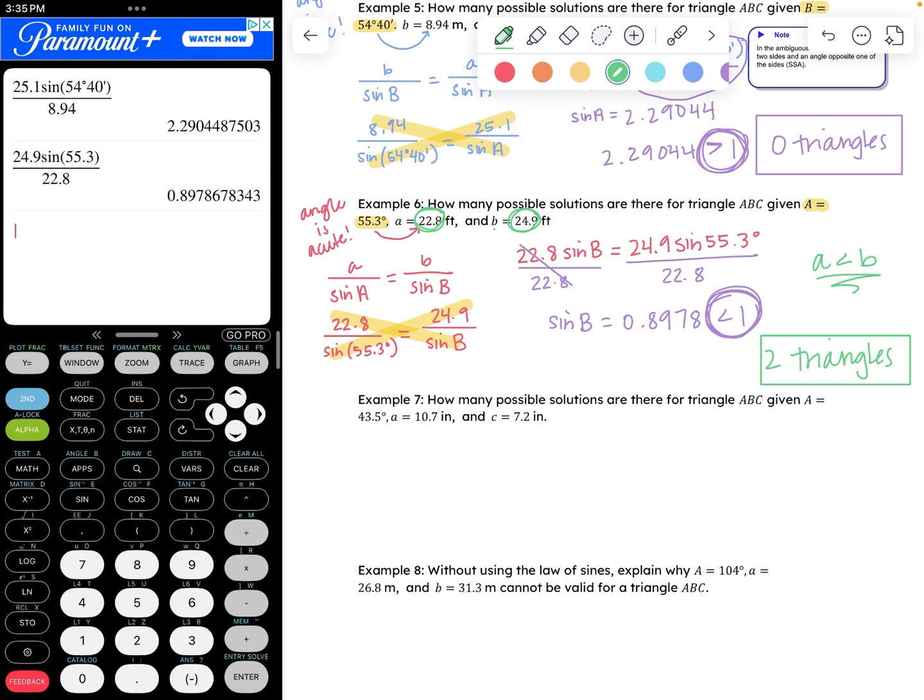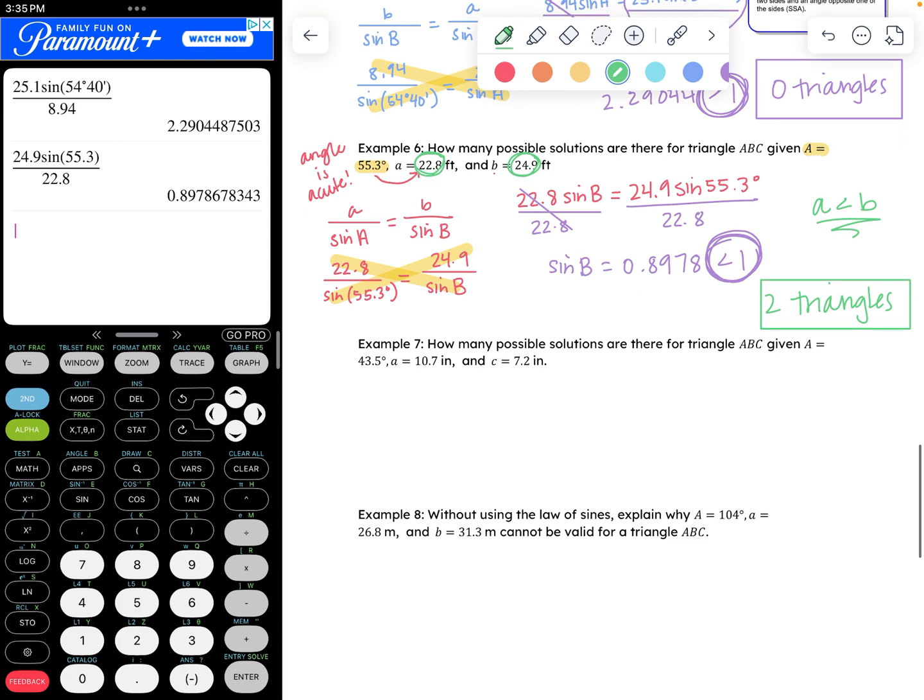Okay, let's look at example 7. So doing it again, we're given angle A is 43.5. So that means that we have an acute angle. And let's go through and do our law of sines.